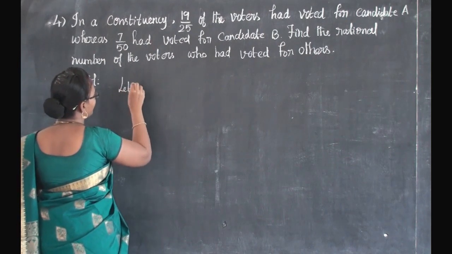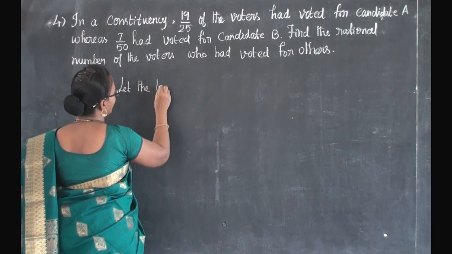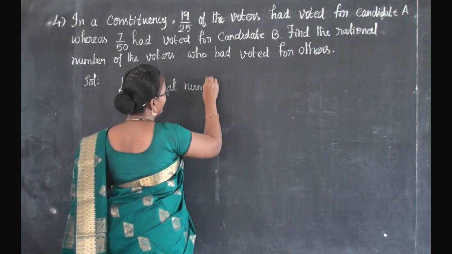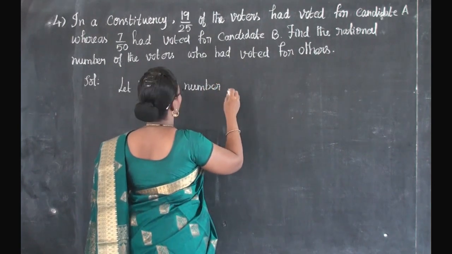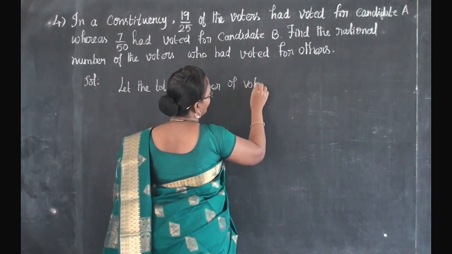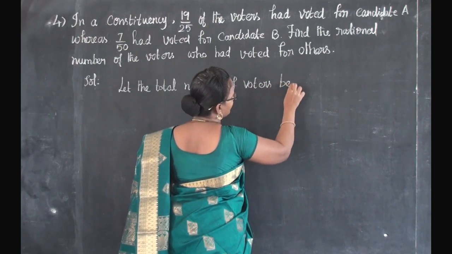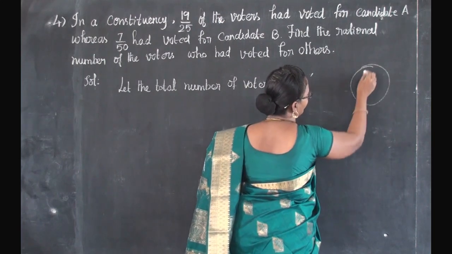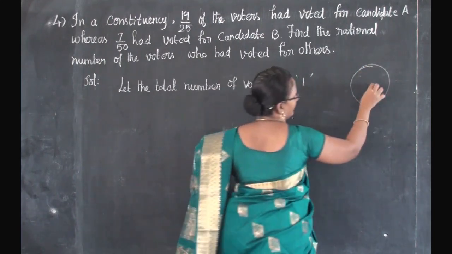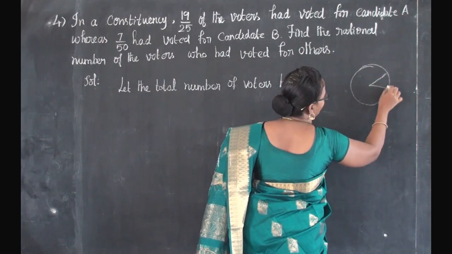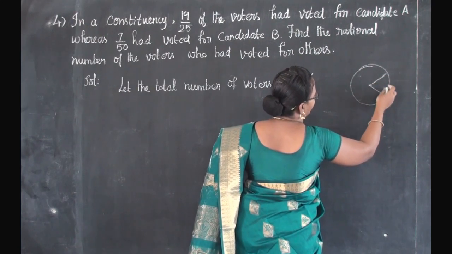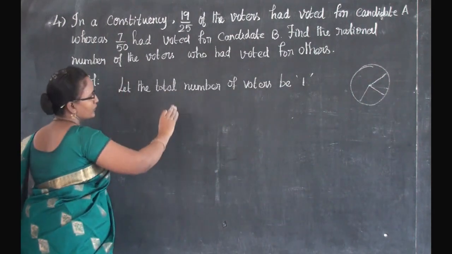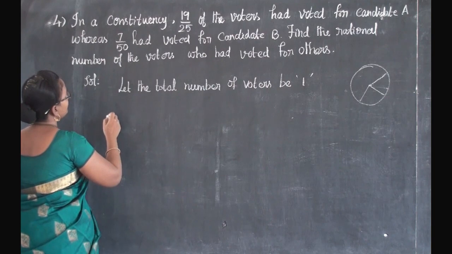So first, let the total number of voters be 1. That is a whole part. From that, the portion that voted for candidate A and candidate B.